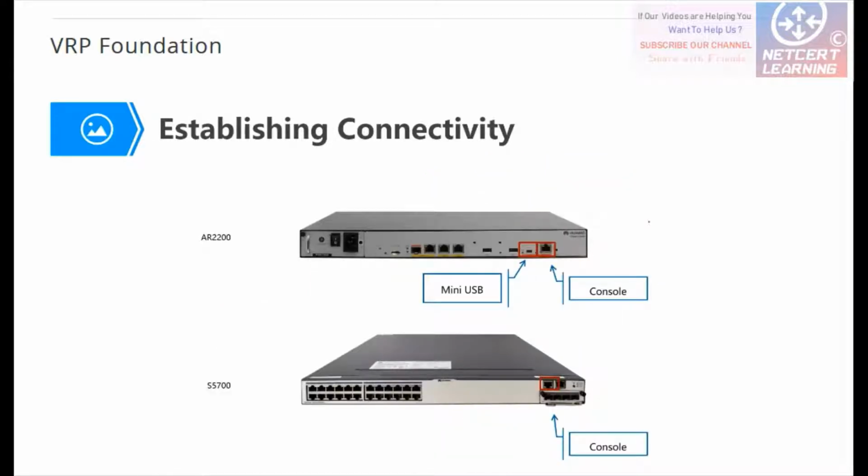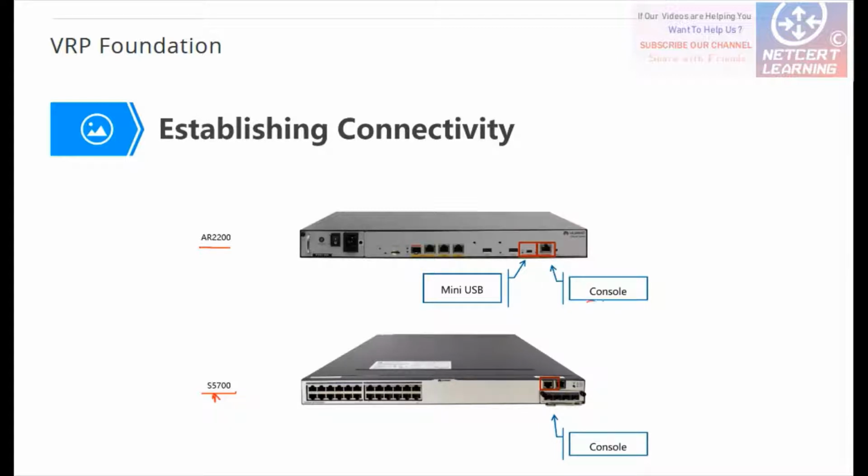Then this is a router, the AR router, using version 5, and this is the campus switch, the SX700, the 5.7, one series of the campus switch. When you configure the router and the switch for the first time, you need to connect physically to the device.